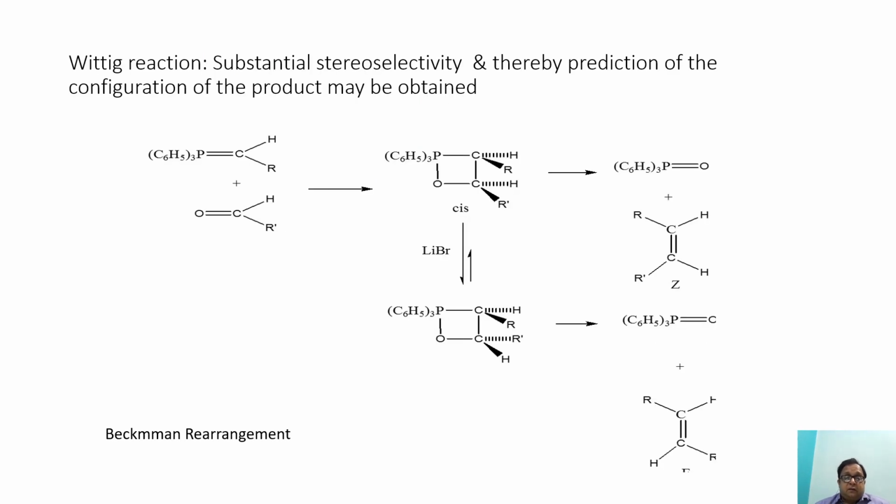This Wittig reaction shows substantial stereoselectivity and thereby predicts the configuration of the product, and similar observations are also obtained in the Beckmann rearrangement.